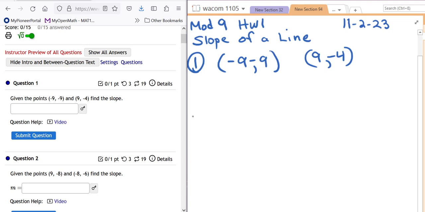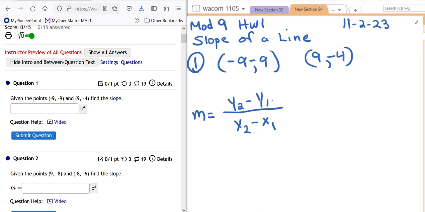Hopefully you remember that for slope, our standard letter is M. The formula for slope is the change in y's over the change in x's. I usually do it y2 minus y1. It doesn't matter which way you do it, if you do y1 minus y2, as long as you do the same thing in the numerator and the denominator.